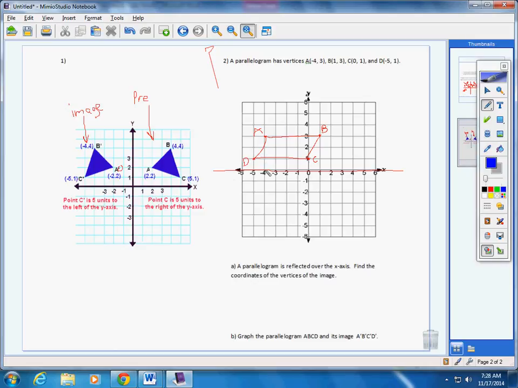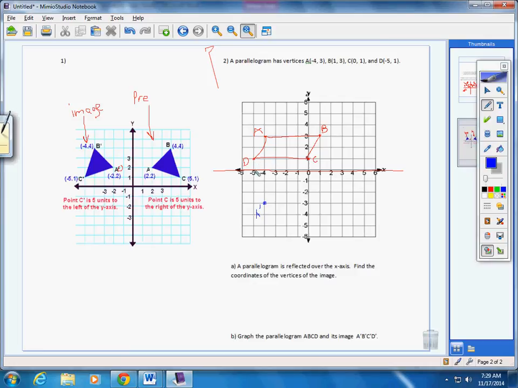It took me 3 jumps to get to my line of symmetry. So let me go 3 units in the other direction and plot my new point. Since I was working with A here, my new point is going to be A prime. Okay? Now you can do the same thing with D.